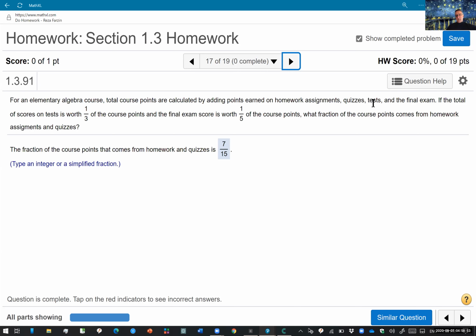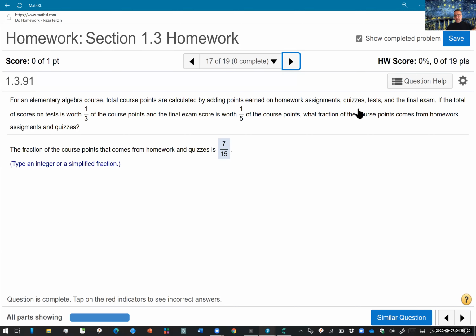Is that clear? Okay, and all of them add up to what? Each of them is part of your one grade, right? So all of them add up to 100%, which is the same as what? What's 100%? That's 1. You get it?